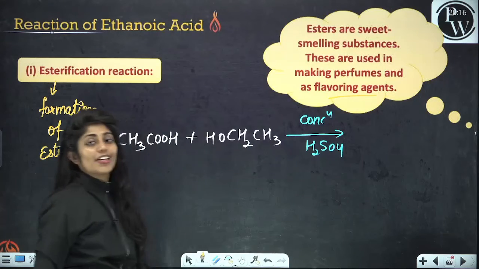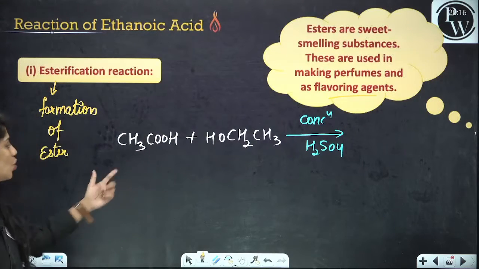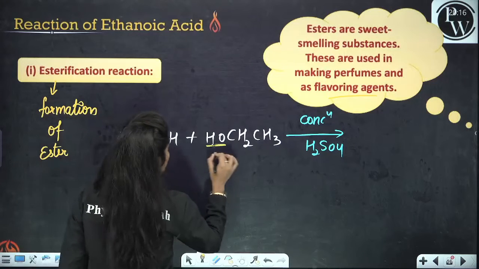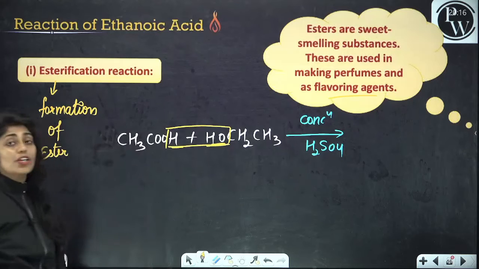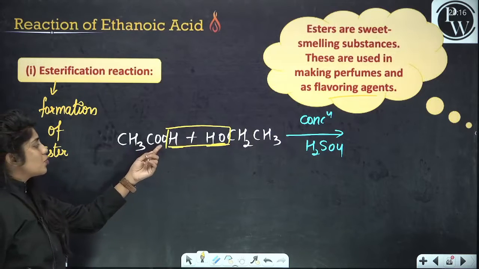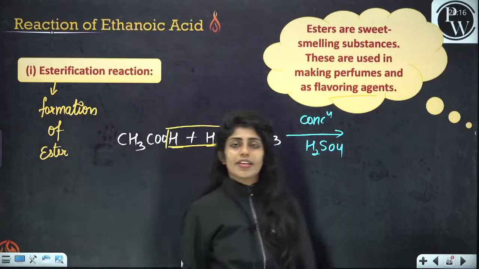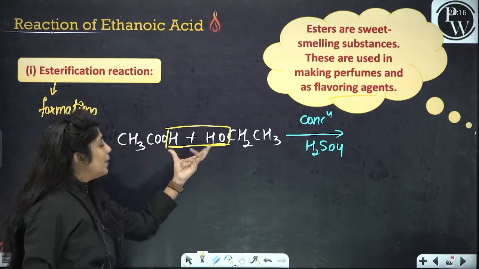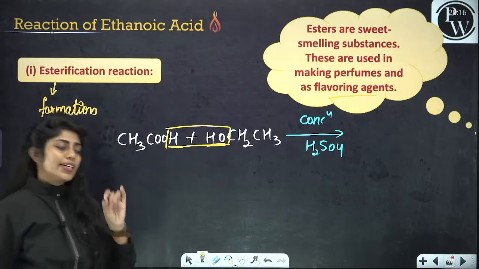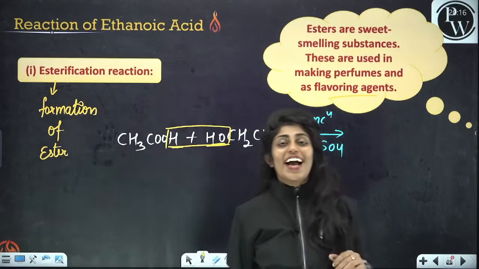Can you tell me what is going to happen? Yes, removal of water. So from where? OH and H disappear. You can take OH from here and H from here in order to make the water, right? That's why I have placed them likewise so that you can get the idea of the reaction.